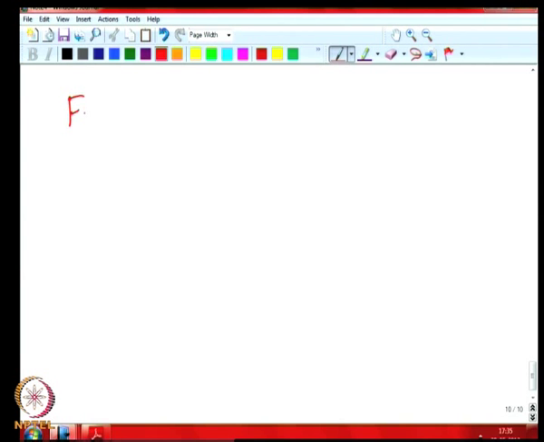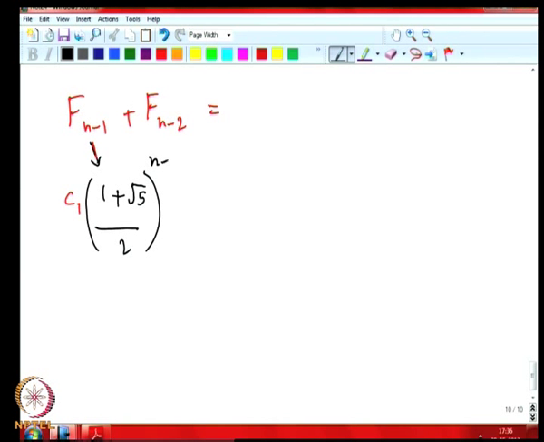So, let me try calculating Fn minus 1 plus Fn minus 2. This will be equal to c1 times, I am expanding first, c1 times (1 plus root 5 by 2) whole power n minus 1, plus c2 times (1 minus root 5 by 2) whole power n minus 1, plus, then again I expand this.